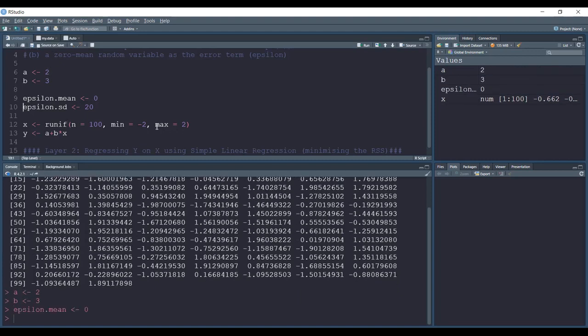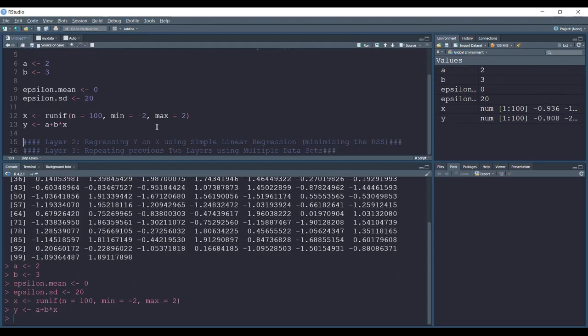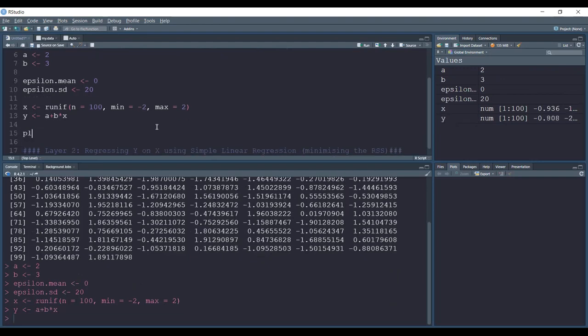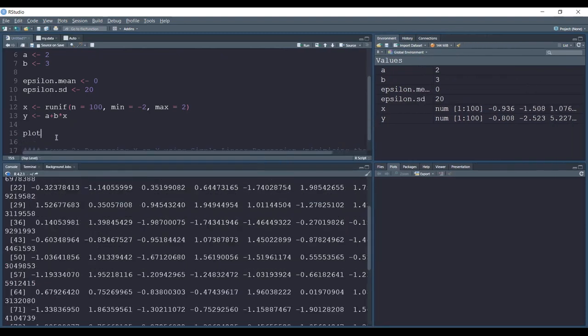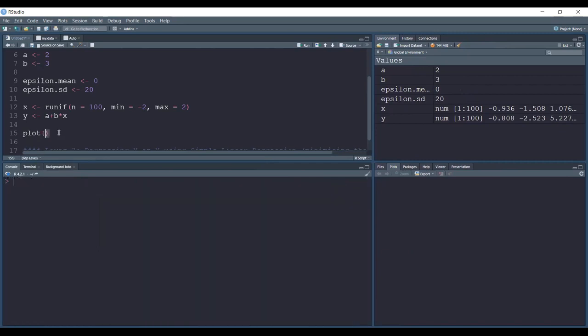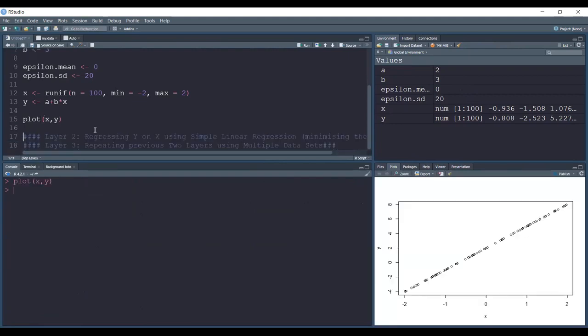I can now create a scatter plot. Plot x comma y. And what we should expect is that all observations lie on the same line. And that's exactly what we have over here.